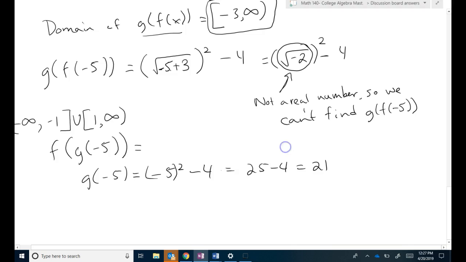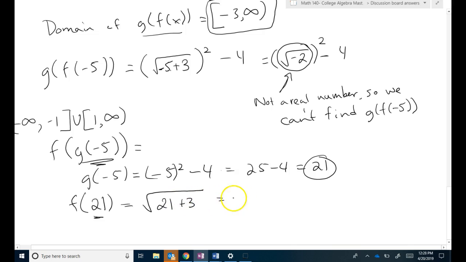All good. Then we're going to take f, and we get f of 21. So you find g of negative 5, and you plug that value into f, and so this is now the square root of 21 plus 3. That equals the square root of 24, which is certainly real.